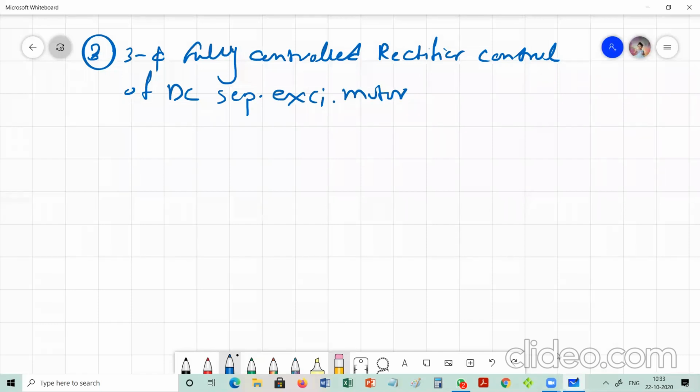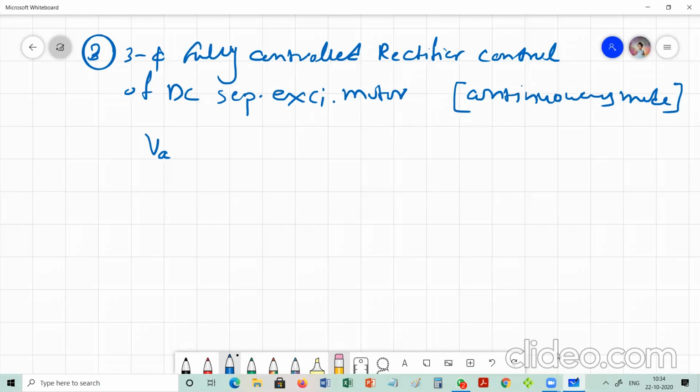We know the equation of voltage for the three phase fully controlled rectifier, Va. Remember, the three phase fully controlled rectifier or three phase half controlled rectifier only operate in continuous mode of conduction. We have to consider here that the load inductance is sufficient to maintain the operation in continuous mode of conduction.